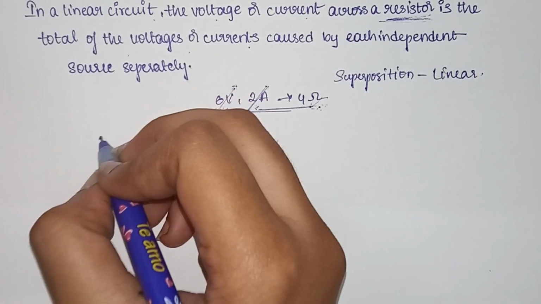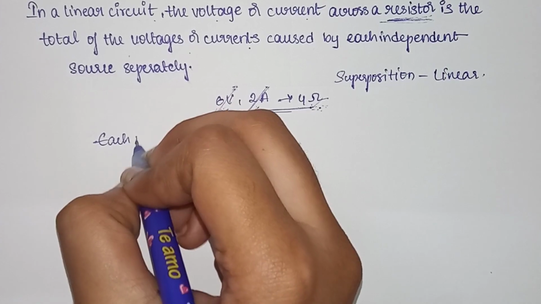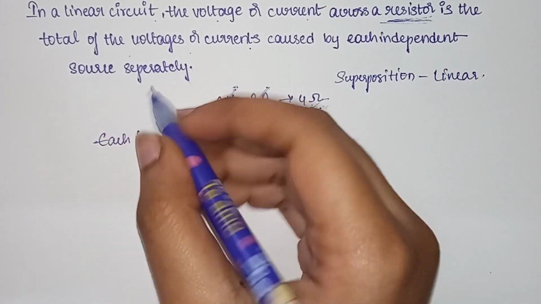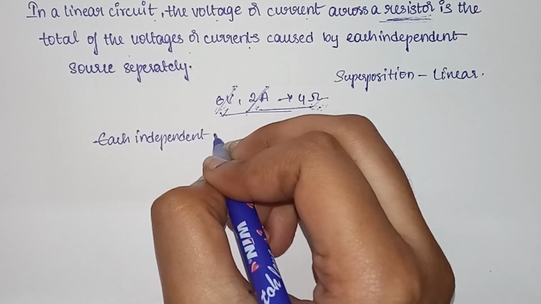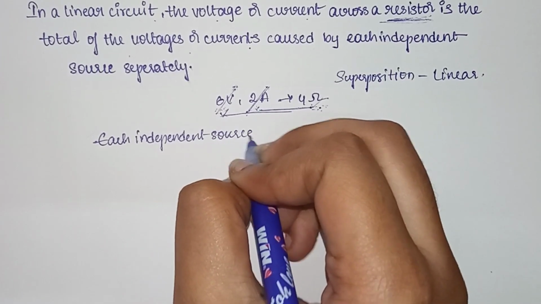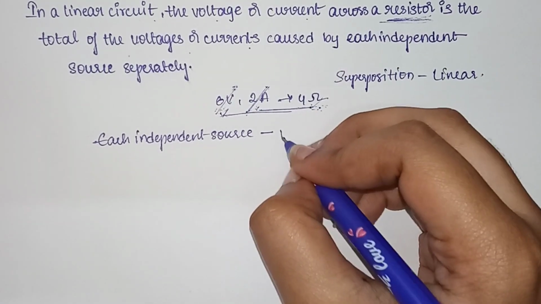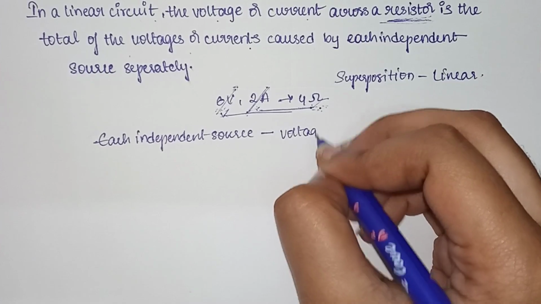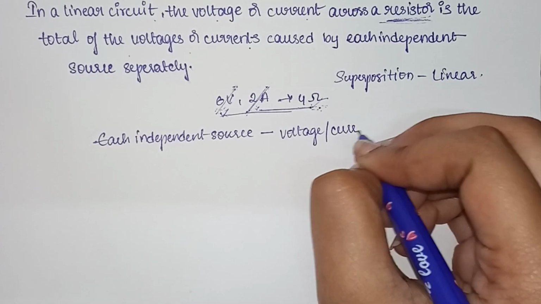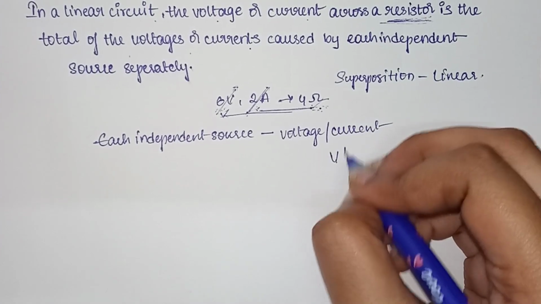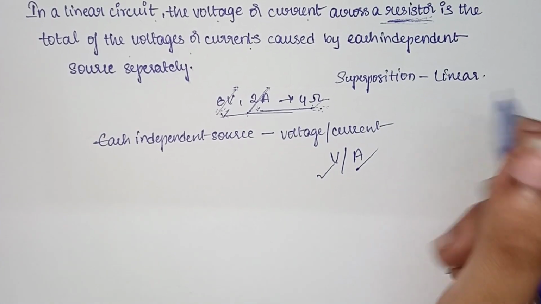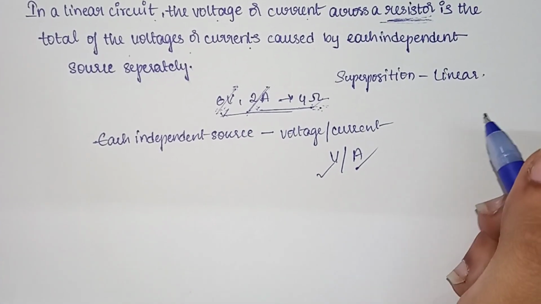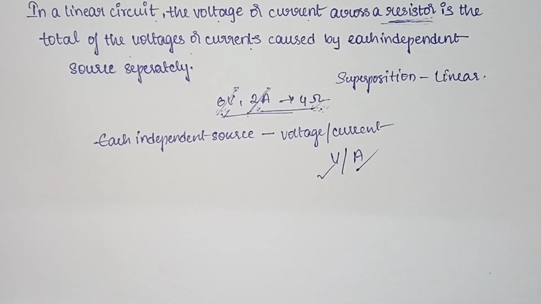Here each independent source means it might be a voltage or current, which is V or A. V is the symbol of voltage and A is the symbol of current. Now, how to apply the superposition theorem?